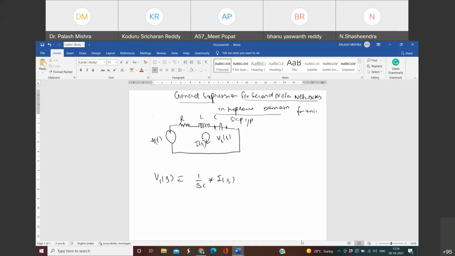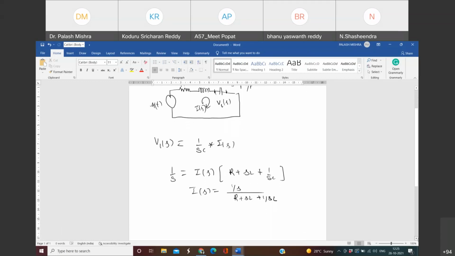So you apply KVL here in this loop in the Laplace domain. So the Laplace of u(t), which is 1 by S, equals I(s) times R plus SL plus 1 upon SC. So the I(s) value will be 1 by S divided by R plus SL plus 1 upon SC. Okay.